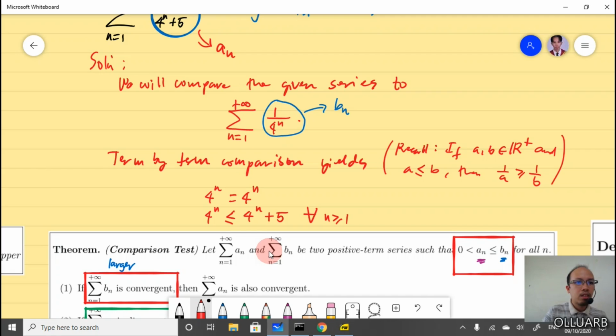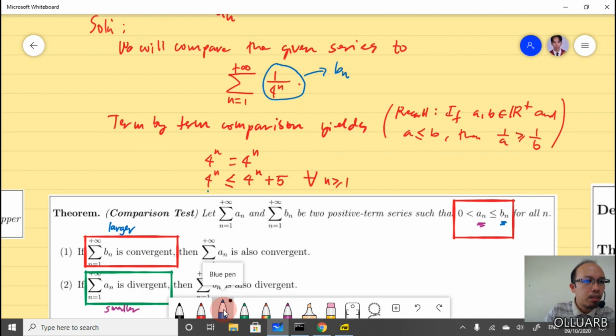Can I choose another color? This is our a, and this is our b.